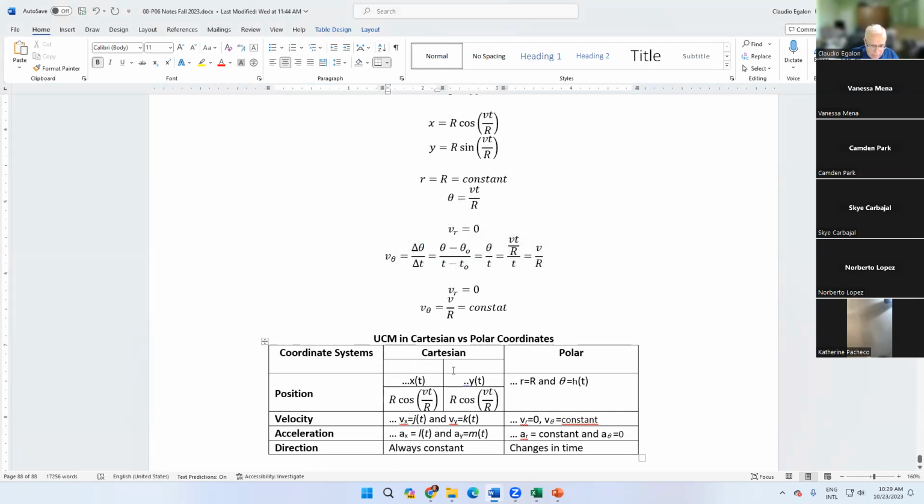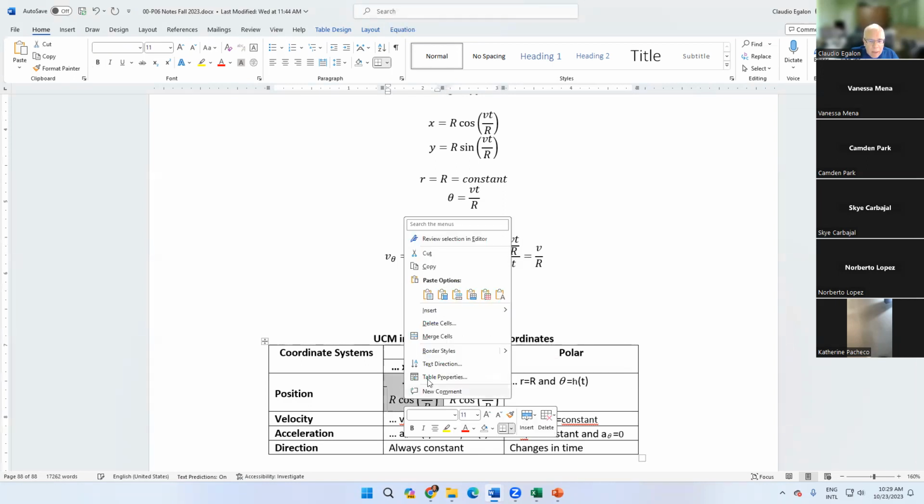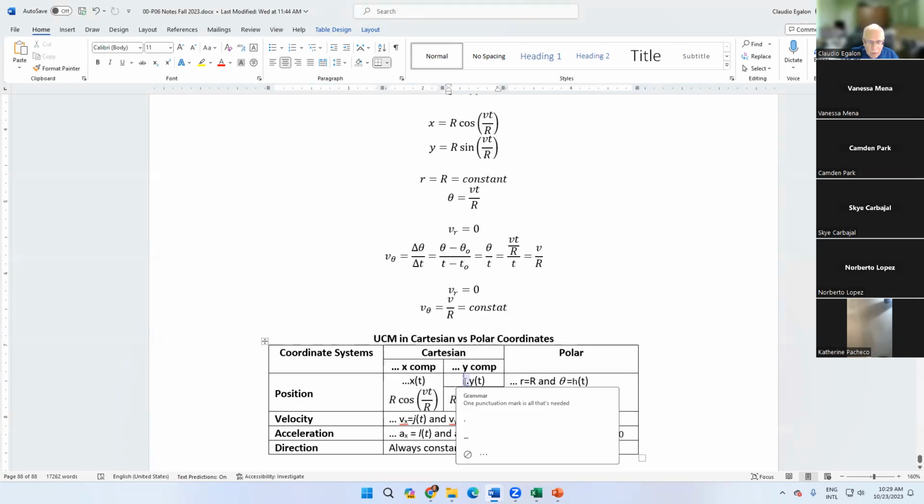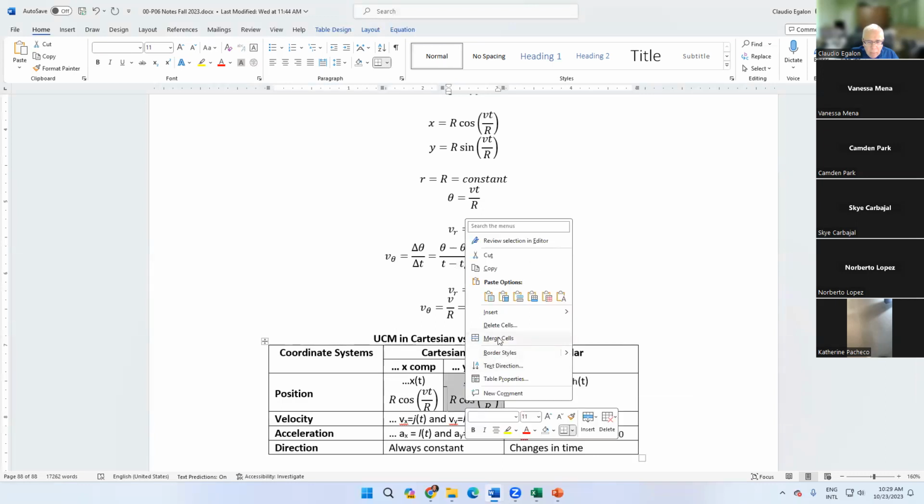Okay, X component, I'm going to put that X component. And here I'm going to put Y component. And this one is going to remain what we had before.